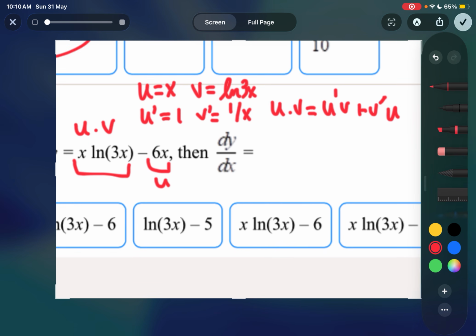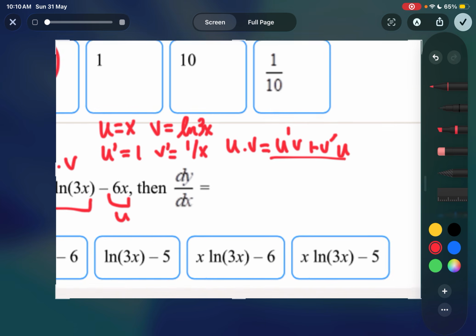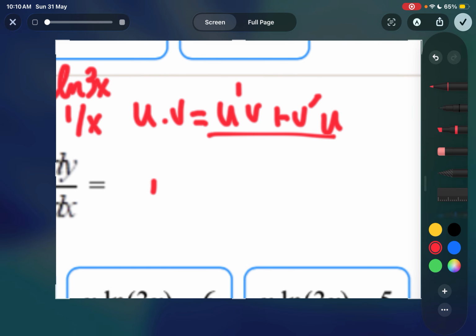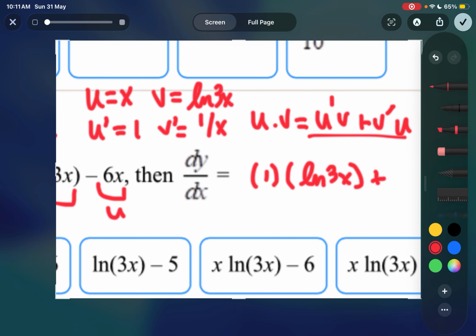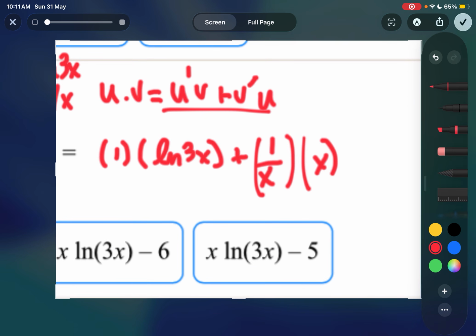Now you put all the things that you got in the formula. So u prime v is 1 times ln of 3x, plus v prime u, which is 1 over x times x. Here the x will cancel, so it will be 1. So ln of 3x plus 1.